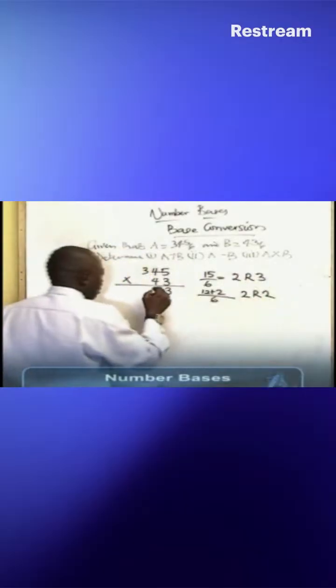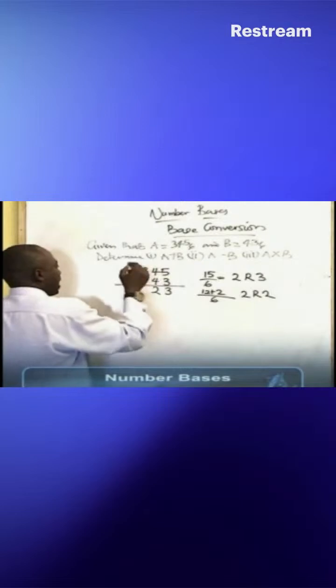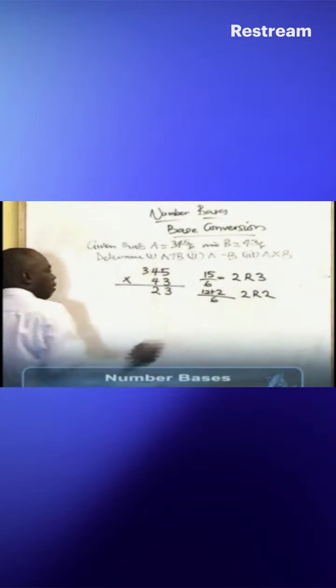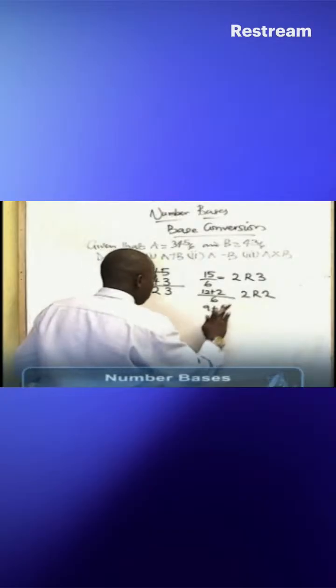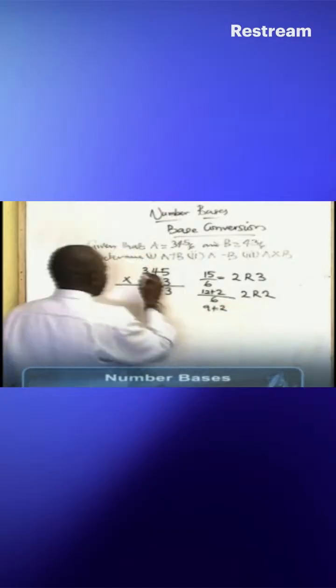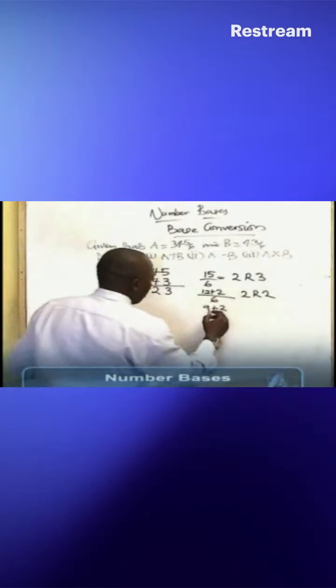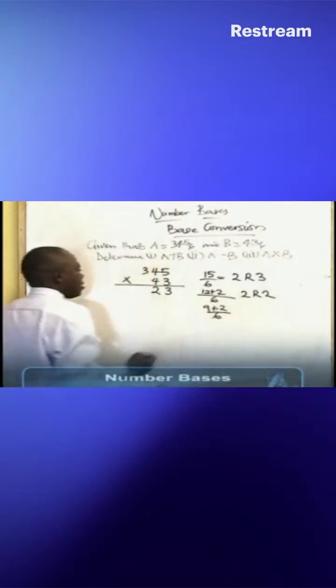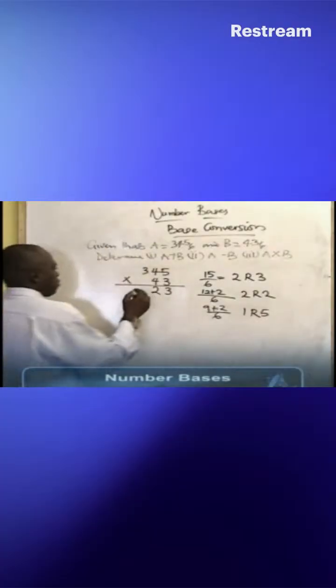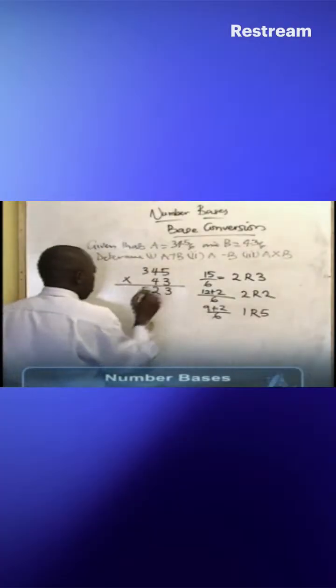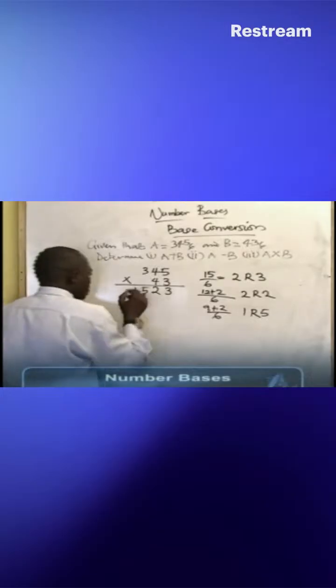You come here and write the 2. 3 times 3 will give you 9, plus the 2 will give you 11, divided by 6. That will be 1 remainder 5. So you first of all write the 5 and then you write 1.